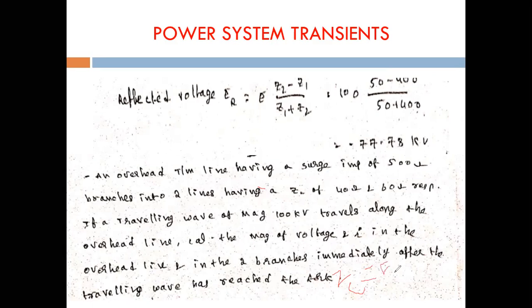Therefore the surge impedance ZC is equal to 500 ohms. Next we calculate the impedance, that is Z1, which is equal to 40 ohms.